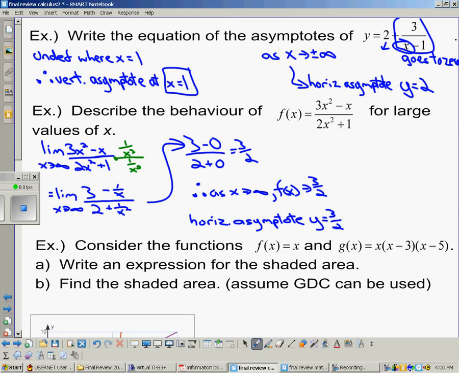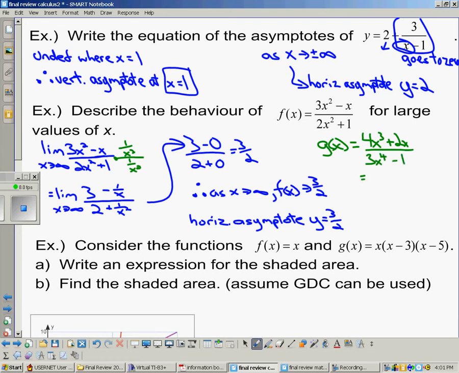Now, to be honest, what I would probably do with this is take a little shortcut. My highest term on top is 3x squared. My highest term on bottom is 2x squared. Those divide out, they give me 3 over 2, because our smaller powers, or our constants, really don't make that much of a difference when we're getting close to infinity. Say if I had a different function, g of x equals, I don't know, 4x cubed plus 2x all over 3x to the fourth minus 1.